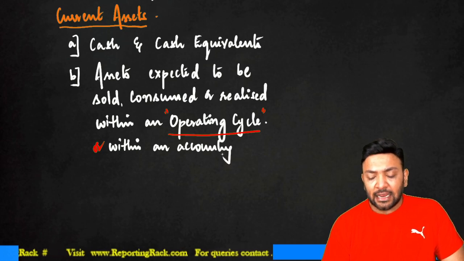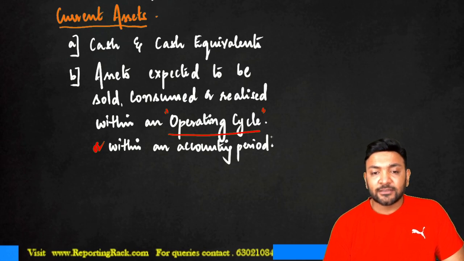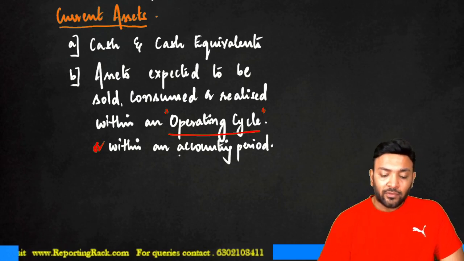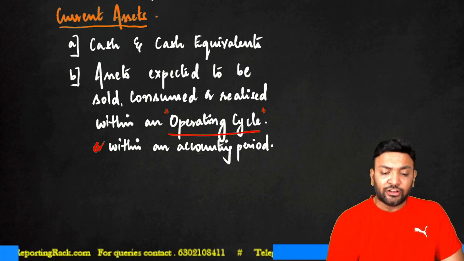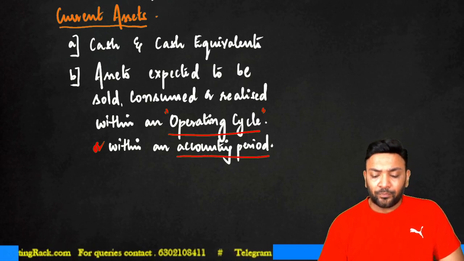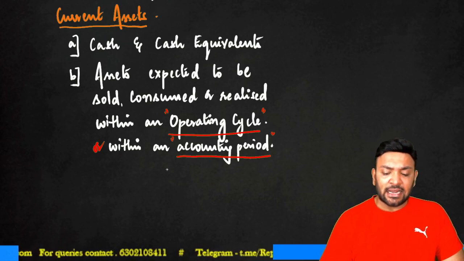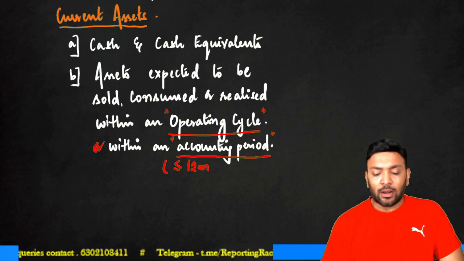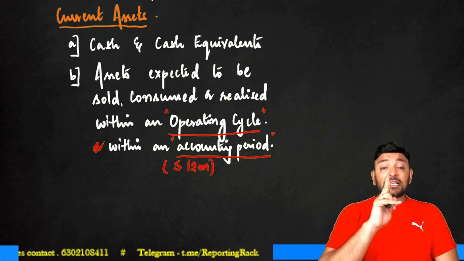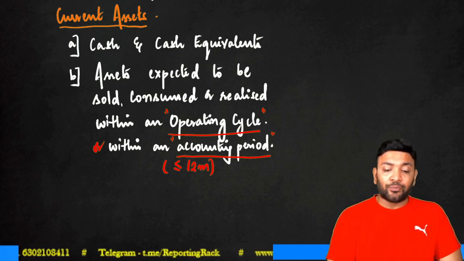Anything less than an accounting period, which is 12 months. Within an operating cycle or within an accounting period, you can always say that it is less than 12 months, not more than 12 months. This is the second part of the definition under current assets as per Ind AS 1.